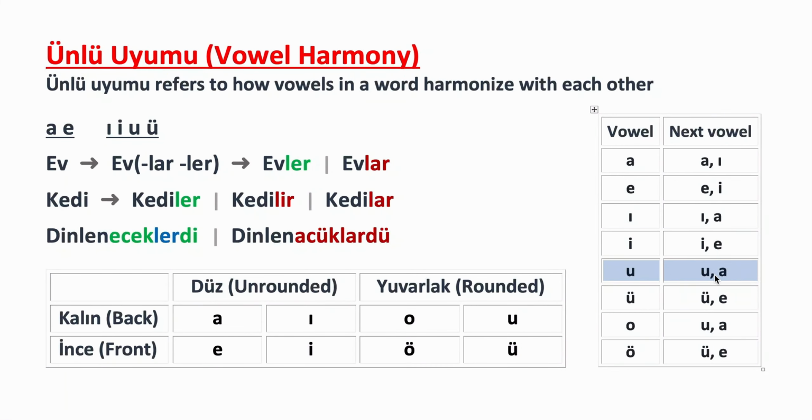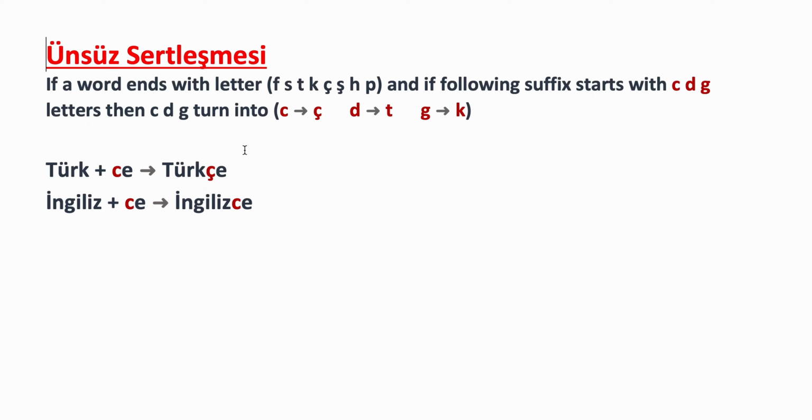Ü wants itself or closest sound a. Ü wants itself or closest sound e. However, O and Ö want to harmonize with the closest two sounds because there are not many suffixes that contain O and Ö. You'll need to use this table everywhere in Turkish. Well, that was everything about vowel harmony.